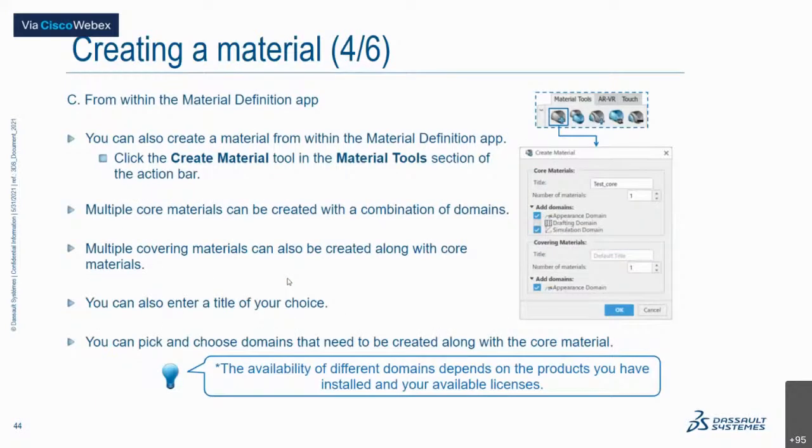This is the third way: if you're inside the application itself, in the action bar of the given application you'll have an option to create a material. You can create a material, and as you can see in the second graphic, you can select the domains and whether there is a covering material to it or not. So these are a few options that you could use.